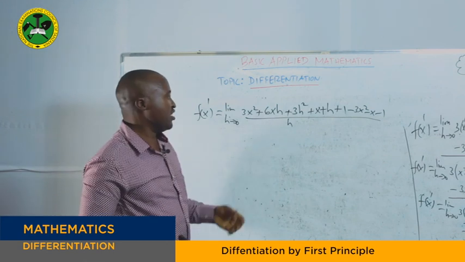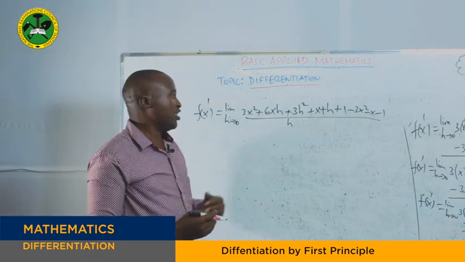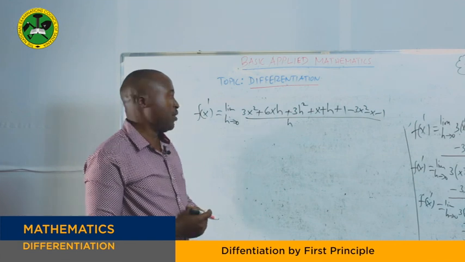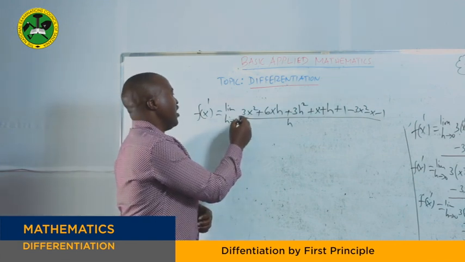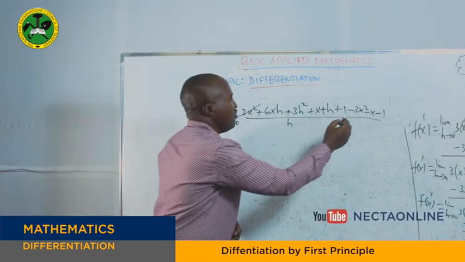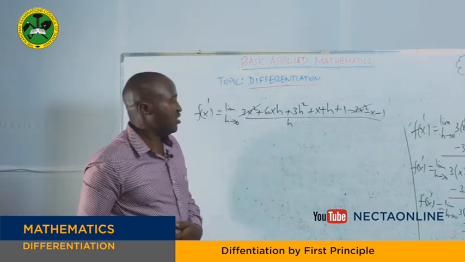My dear student, let us try to collect all like terms to see what will happen. Remember, we have positive 3x squared, but here we have negative 3x squared.